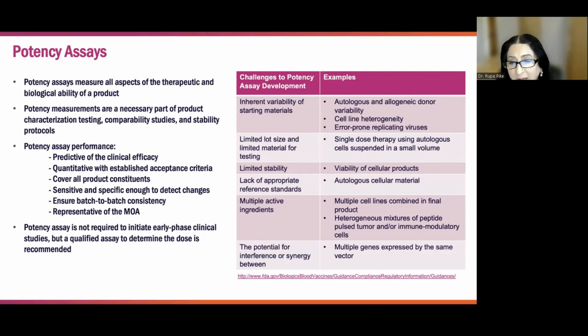So to just walk through them, some of the challenges of potency assay development, as many of you are familiar, is inherent variability of starting material, limited lot size, limited material for testing, limited stability, lack of appropriate reference standards, many active ingredients in the product mix, and potential for interference and synergy.